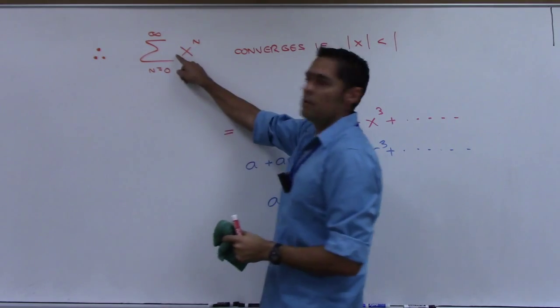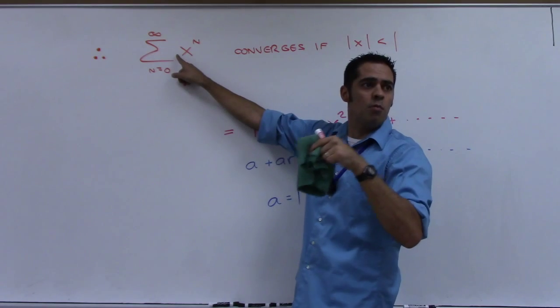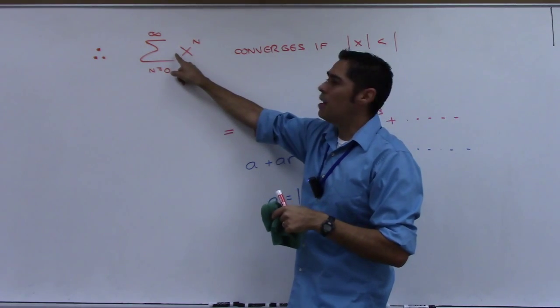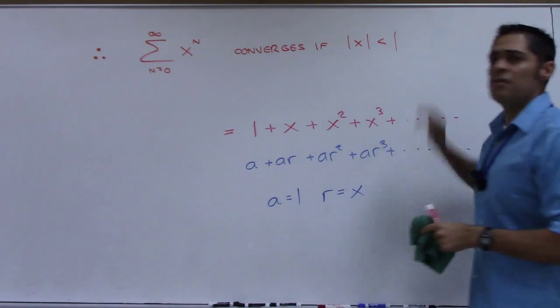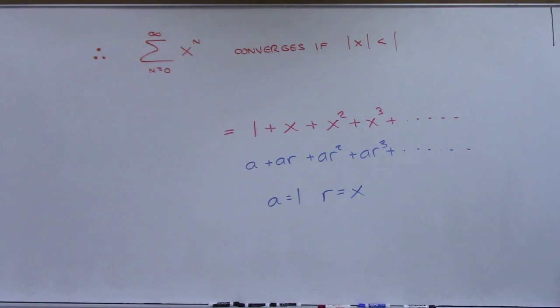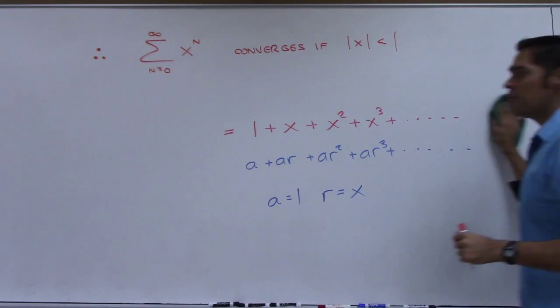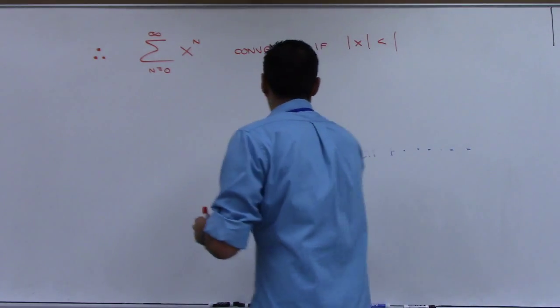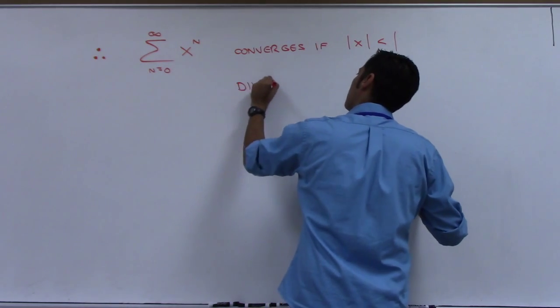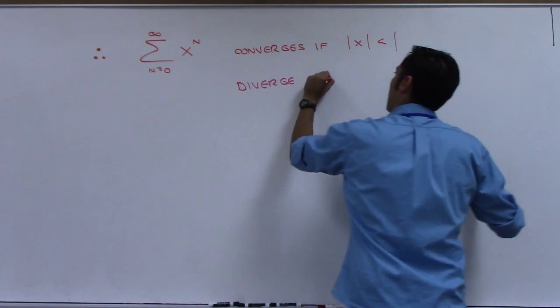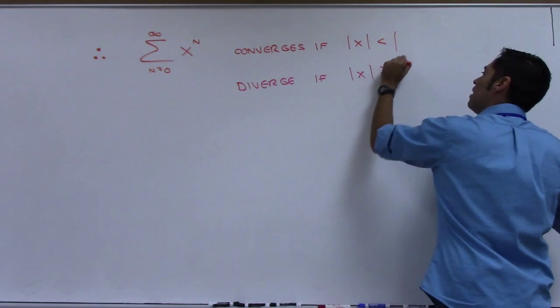Every one of those c's was 1. So in the formula, I just replaced the c sub n with 1. So everyone agree that that series converges as long as the absolute value of x is less than 1? Yeah. And it diverges when? This will diverge if the absolute value of x is greater than or equal to 1.